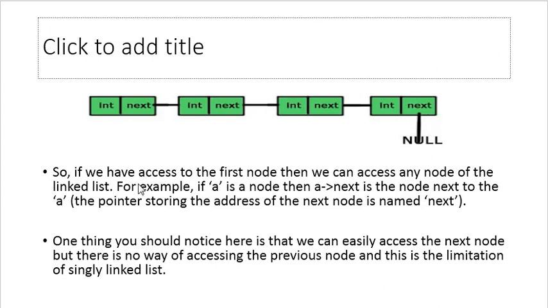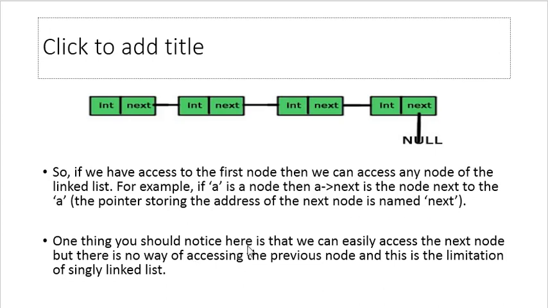So if we have access to the first node, then we can access any node of the linked list. For example, if A is a node, then A next is the node next to A. The pointer storing the address of the next node is named next.